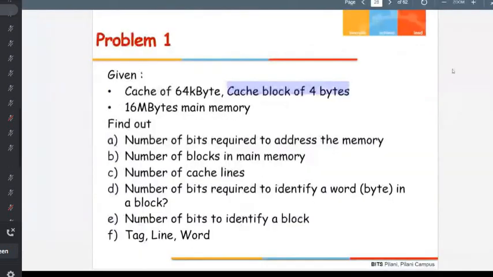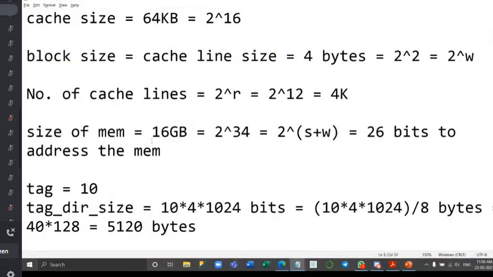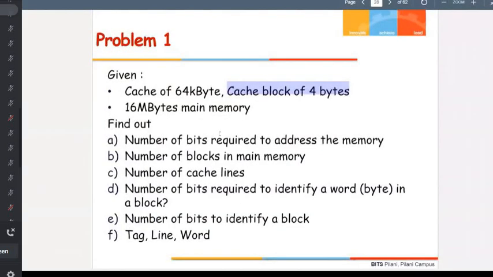Okay. Next we have the main memory size is 16 megabytes. 16 megabytes is 2 to the power 24. Now they ask us to find the number of bits required to address the memory.